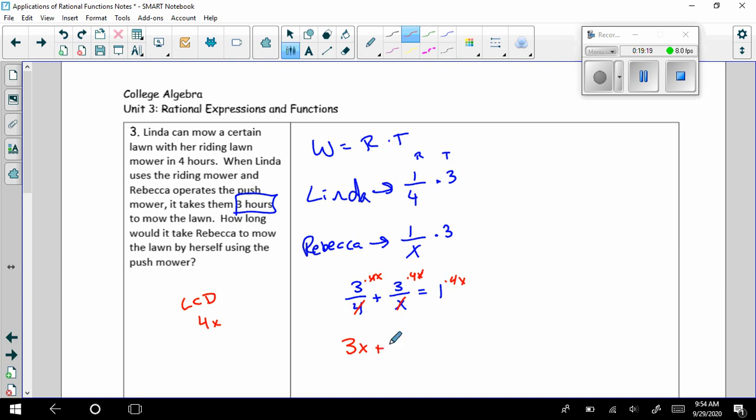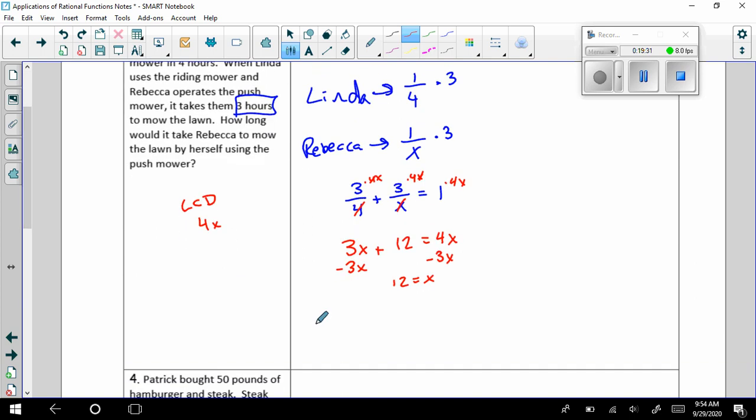That gives us 12. And that is still 4x. Subtract the 3x over, and 12 is equal to x, which tells us that it takes Rebecca 12 hours by herself.